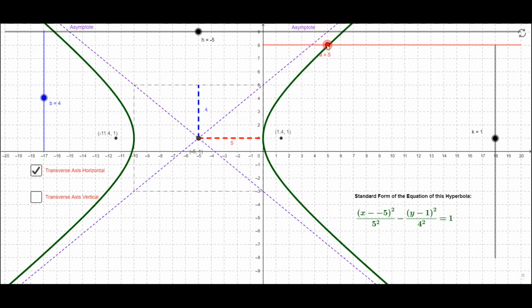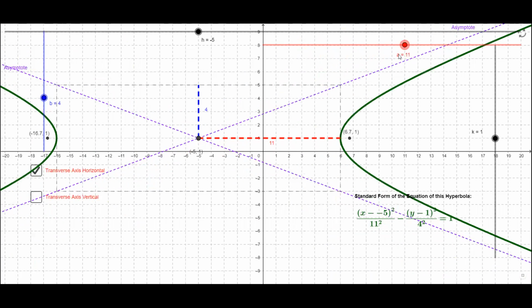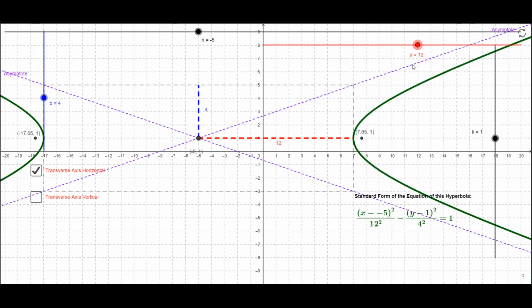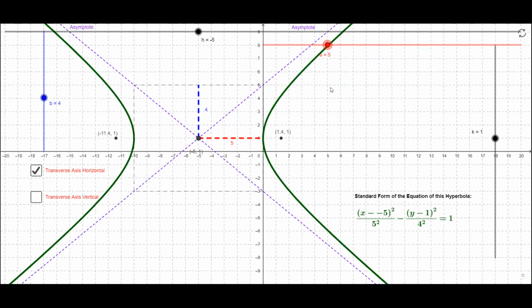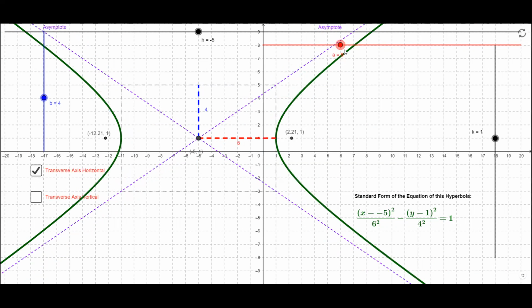Then as you increase the number under x squared, notice how that red line gets longer. So the red dotted line is half of the transverse axis. The transverse axis technically goes all the way from here to here, and the conjugate axis goes from here to here. So the number under x squared will change that. So if you were graphing this, you would see the 6 squared.